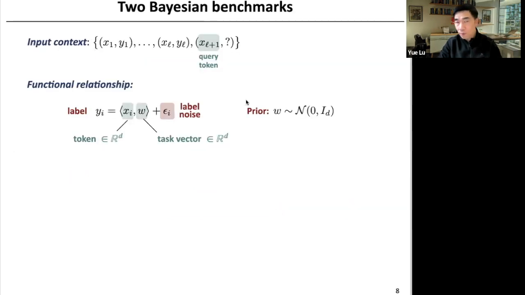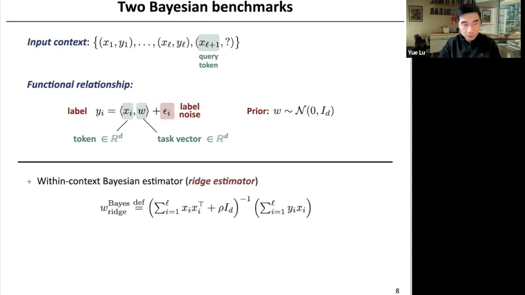Now, there are two Bayesian benchmarks. The first Bayesian benchmark is the following. Because this problem has been precisely specified, in particular, the task vector is assumed to come from this Gaussian distribution, if the neural network has perfect knowledge about this statistical model, then the optimal thing to do is ridge regression.